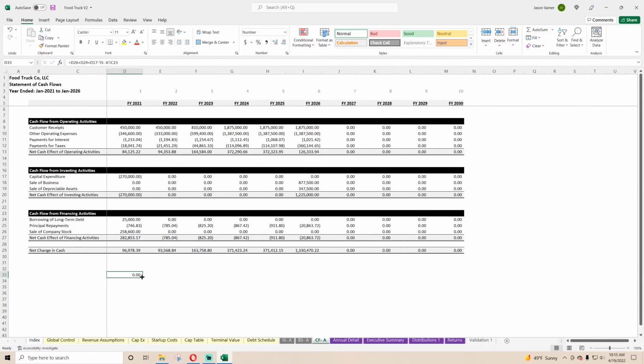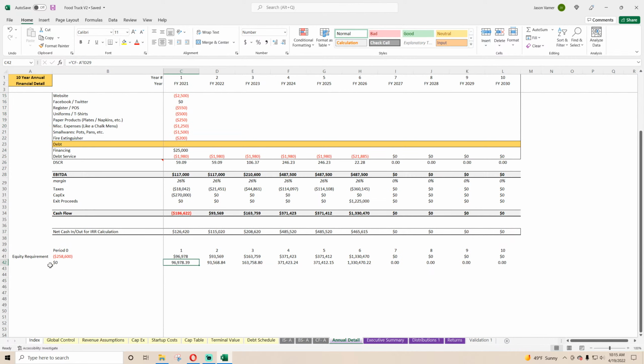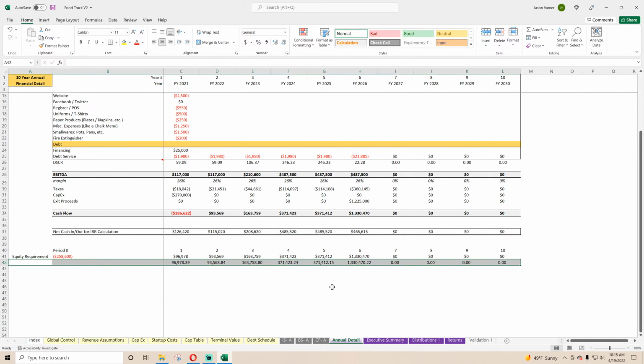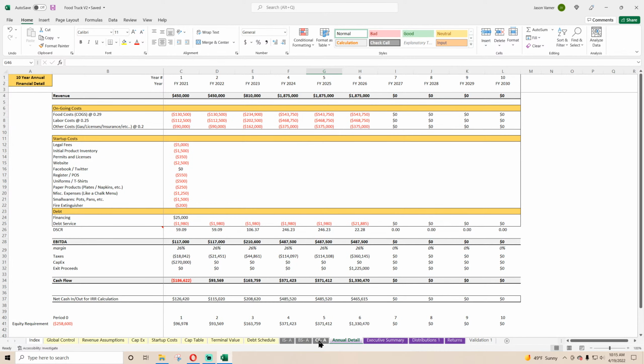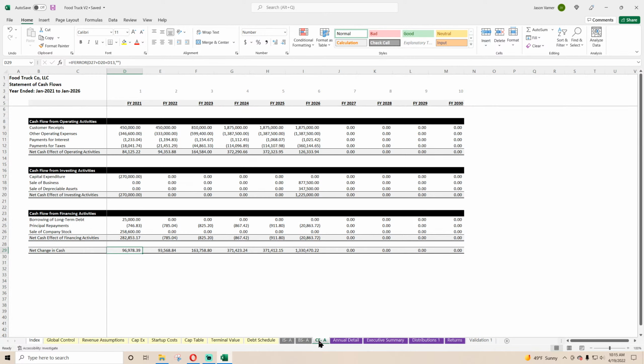Yeah, okay, so that's just zeroing out, so that makes sense. The initial startup cost and all that zero out, and then all you have left is the operations for year 1, which is 96, which matches this. Okay, so that's fine. Just want to make sure all the references are good. Cash flow. I think we're good here.